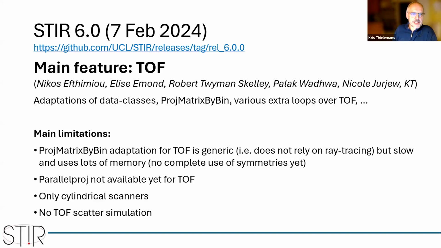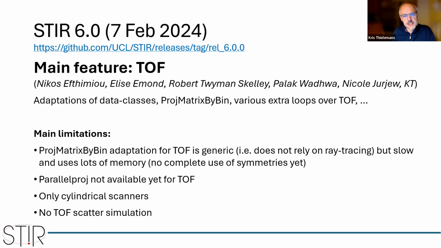There were many limitations with it, however, you've seen some computation durations from Nicole. The reason that the ray tracing matrix for time of flight is so slow at the moment is that it's not really doing ray tracing in time of flight at all.